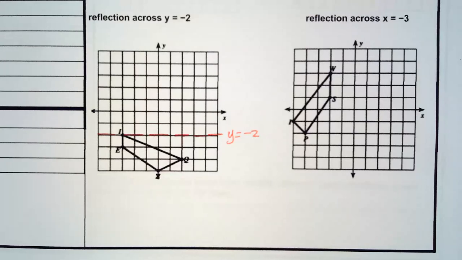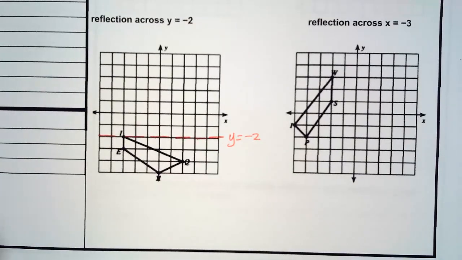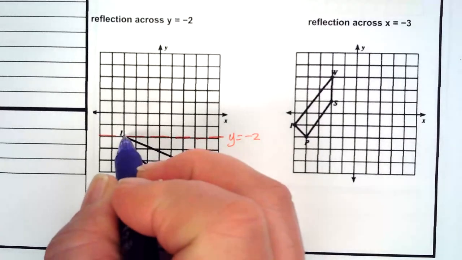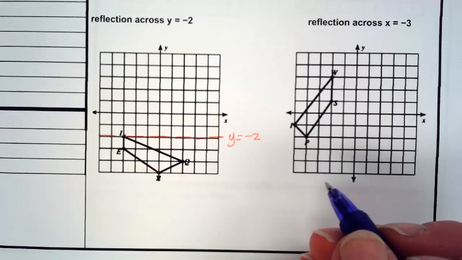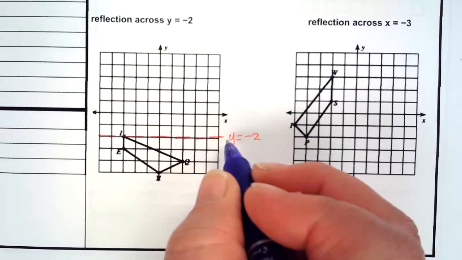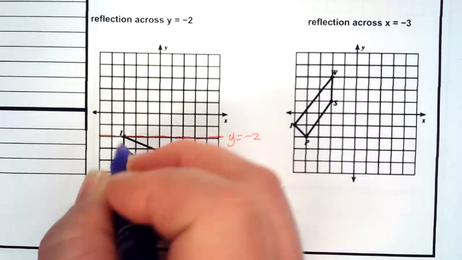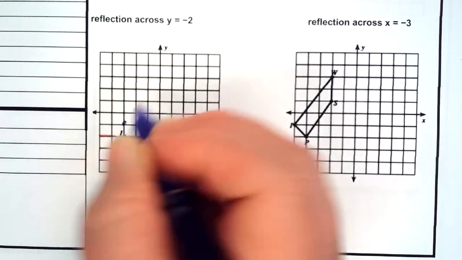Okay, so as I'm looking, I notice that I prime is going to stay the same spot because it's right on my line of reflection. E is 1 below, E prime will be 1 above.